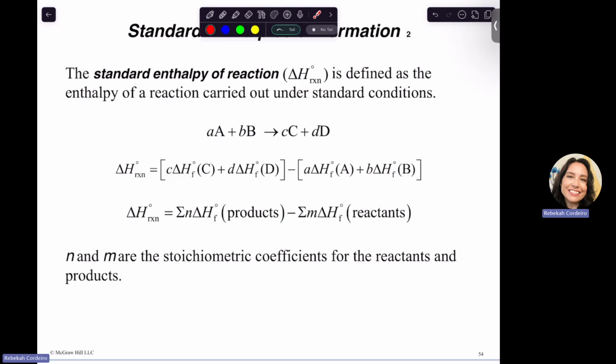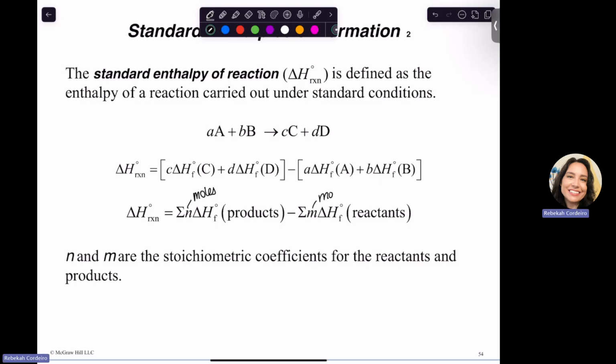So it's going to be the sum of the moles of the products times their enthalpies of formation, minus the sum of the moles of the reactants times theirs. Why do we have M here? I guess it's moles, not mass. It should be moles.